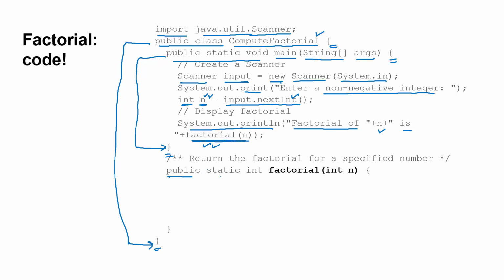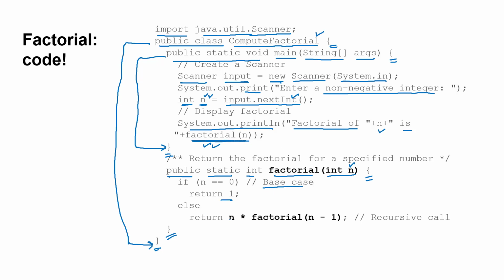You'll say public static int factorial, and it is defined on n, which is an integer variable, and this factorial is defined in between these two curly braces, right? So now we'll take care of the base case. If n is equal to 0, we return 1, else we return n multiplied by factorial of n minus 1, right?